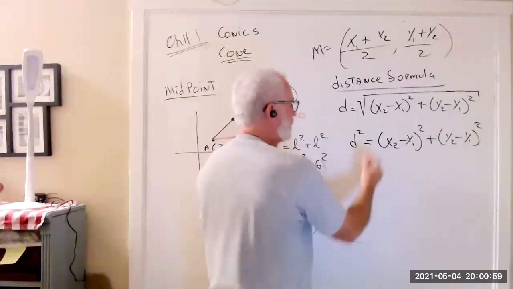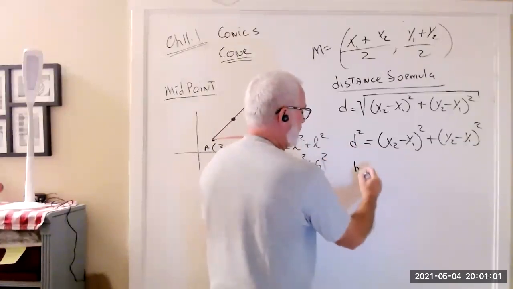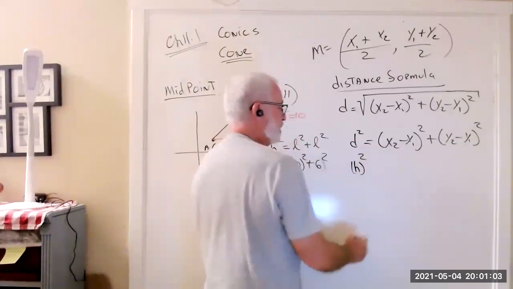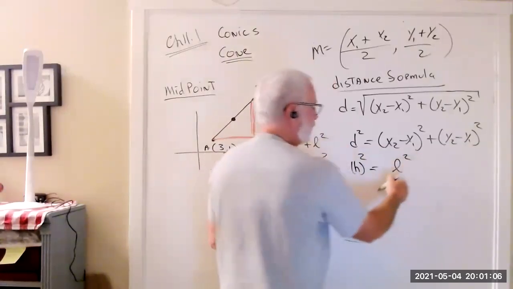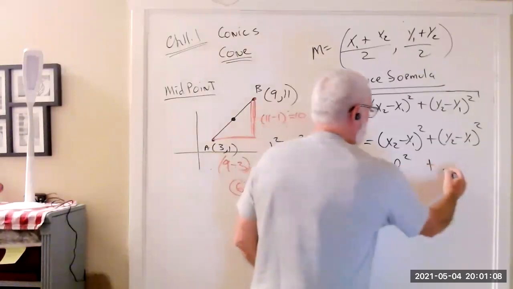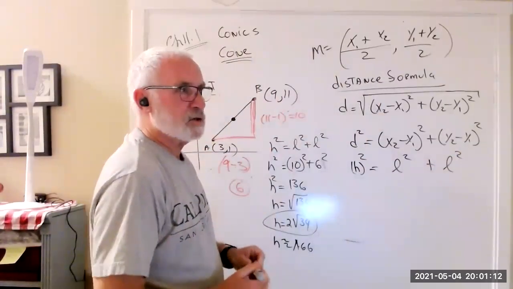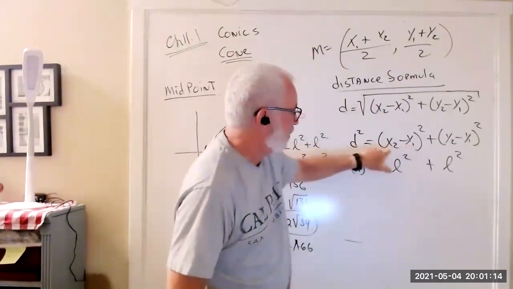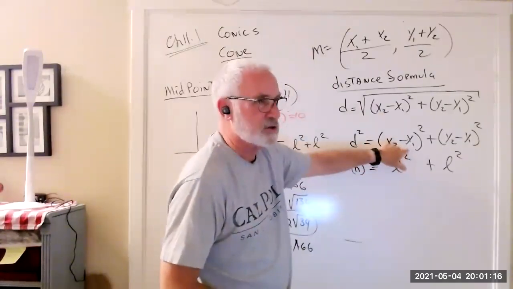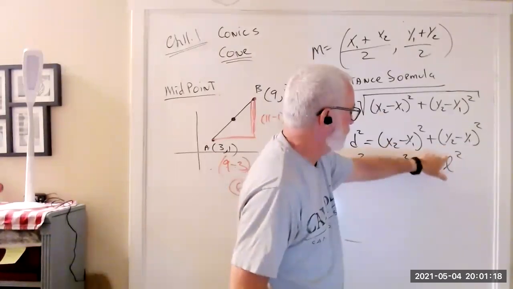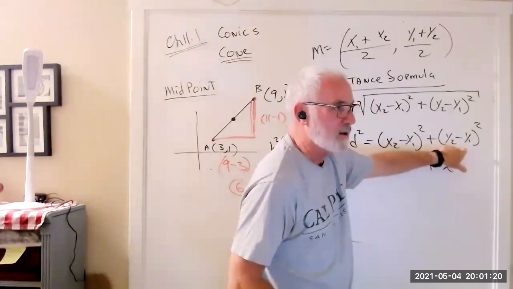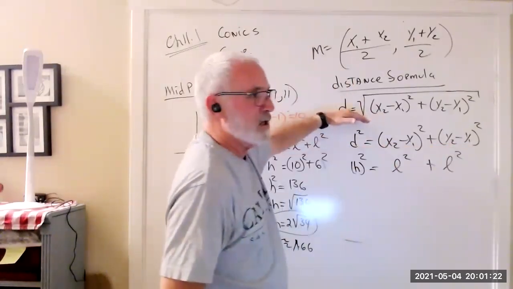But look at this. This is hypotenuse squared equals leg squared plus leg squared. That's all that is. And this just says, how do you calculate the leg? You subtract the x's. How do you calculate the other leg? You subtract the y's. That's all this is saying.